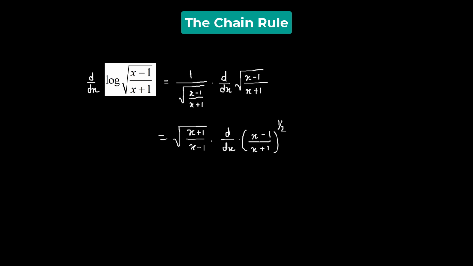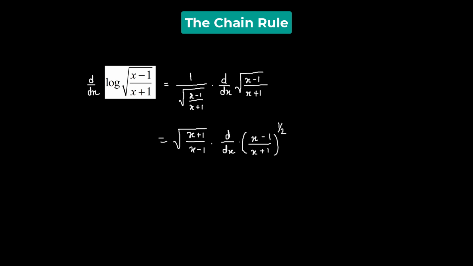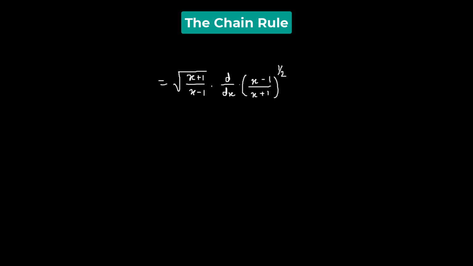Now we're going to assume that x minus 1 over x plus 1, if it were x, then we can apply the power rule. So we have the square root of x plus 1 over x minus 1 multiplied by half times x minus 1 divided by x plus 1, whole raised to the power half minus 1.